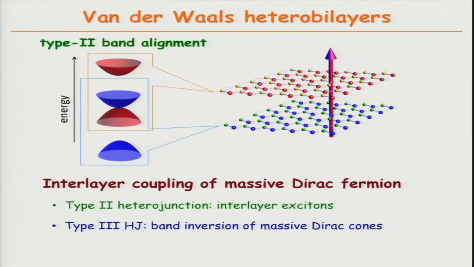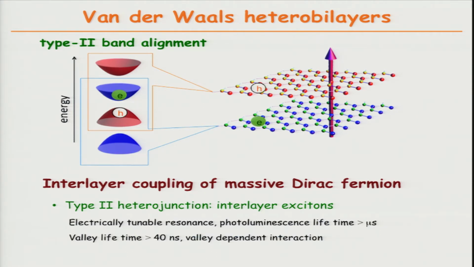So for this dichalcogenide family, when you stack different compounds on top of each other, they usually have this so-called type 2 band alignment. So this red band is from the upper layer, blue is from the lower layer. So the conduction band is mostly contributed by one layer and the valence band from the other layer.